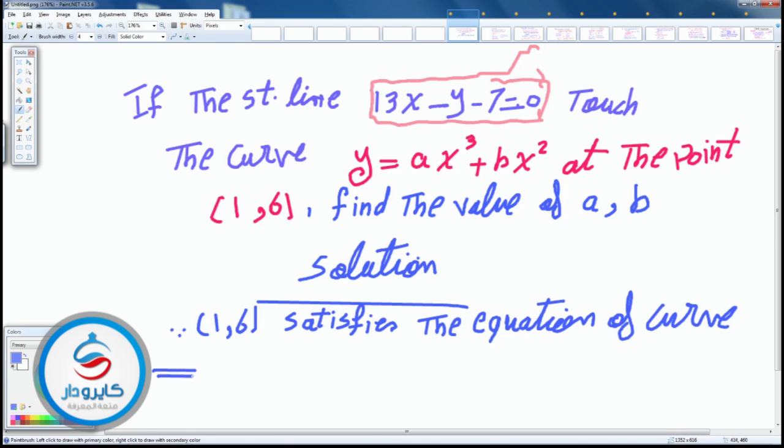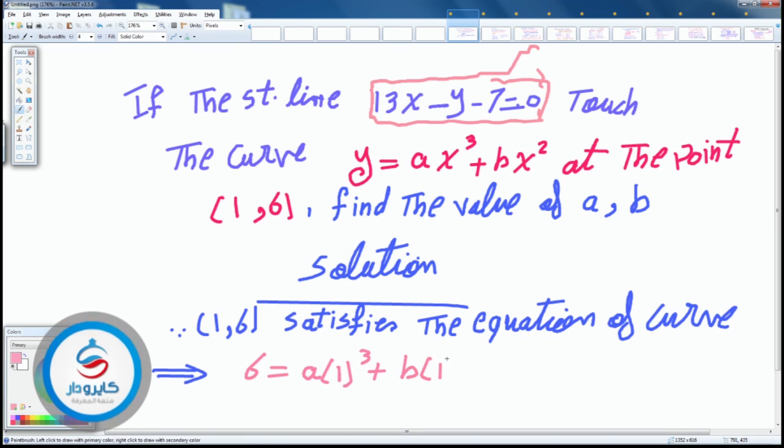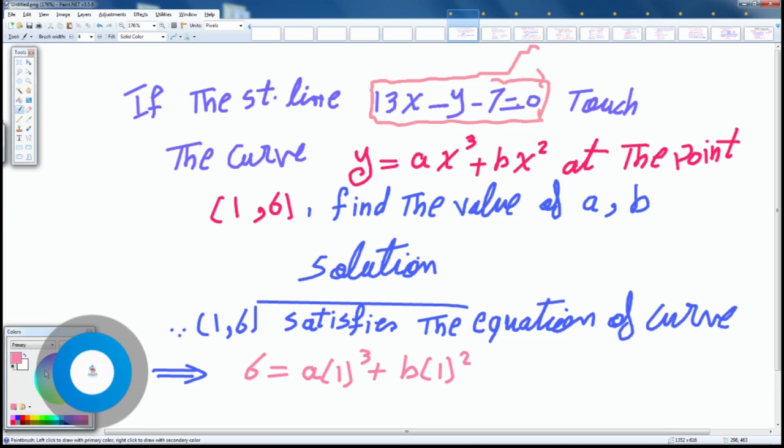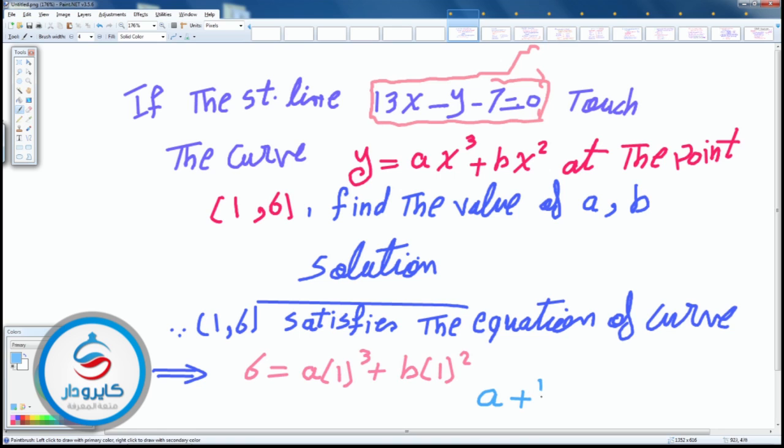Then we make a substitution like that: 6 equals a times 1 power of 3 plus b times 1 power of 2. Now we get a plus b equals 6, and this will be the first equation.